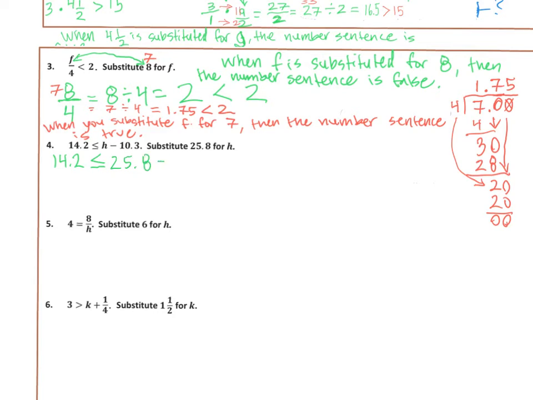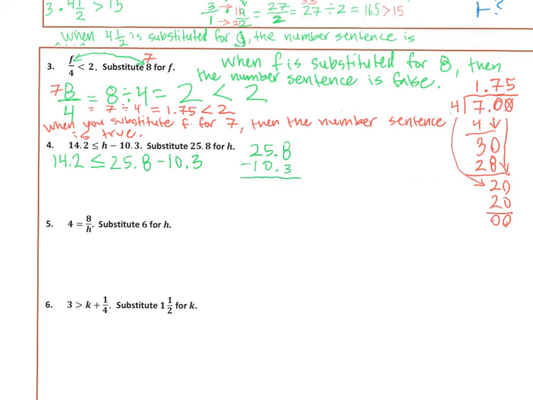25.8 minus 10.3. So all we've got to do now is solve the problem that they're asking, which is 25.8 minus 10.3. I like to do the vertical algorithm because it helps me to line up my place values.